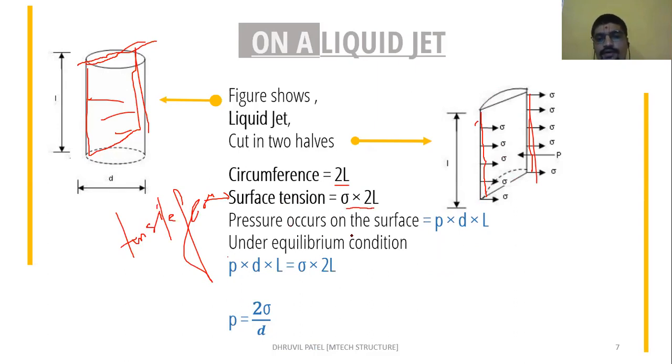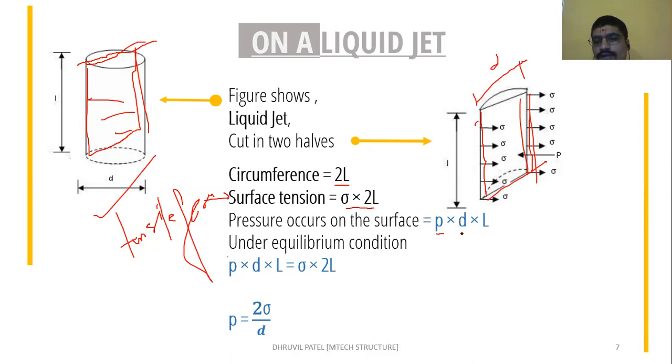Okay, now the pressure. In the last derivation, what is the common place where the pressure occurs? We have studied earlier that the pressure occurs on the internal surface area. So it is pressure P and the area will be D into L. Here D means the diameter, which is shown here.